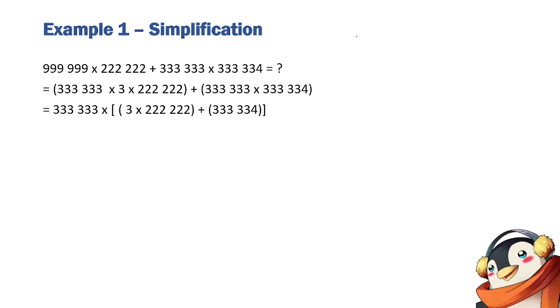Let's say you have a number A multiplied by B plus A multiplied by C. To simplify this, you take out the A, and then you have B plus C. So basically you can simplify. A in this case here is this part here.